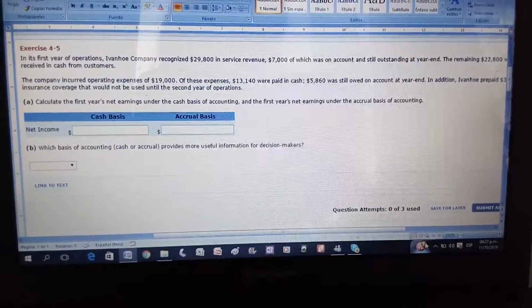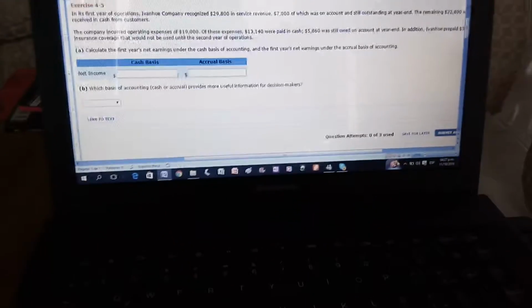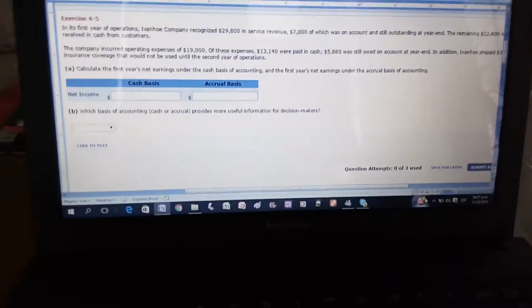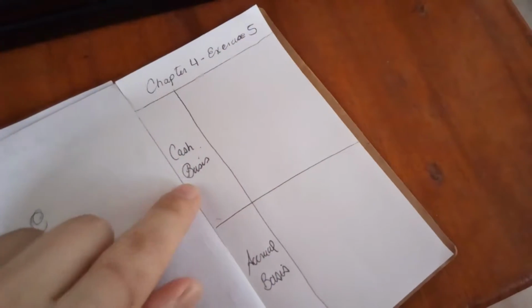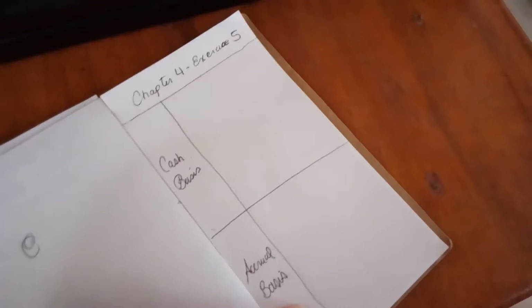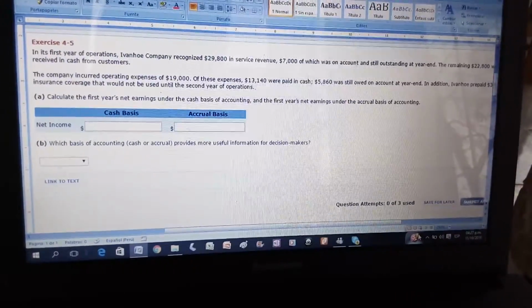So we have to start making a chart so we can understand this problem. I've just written one here. We will separate cash basis and accrual basis, and we will count each item so we can understand.